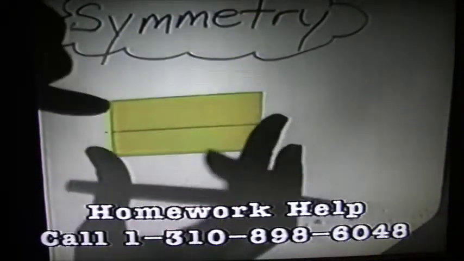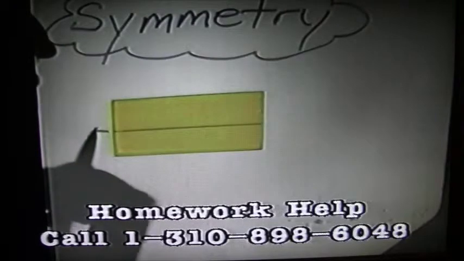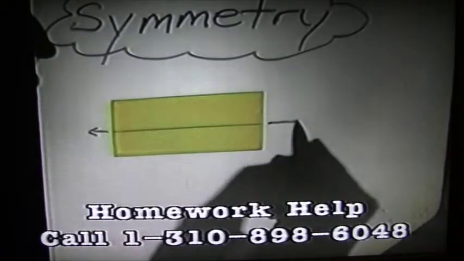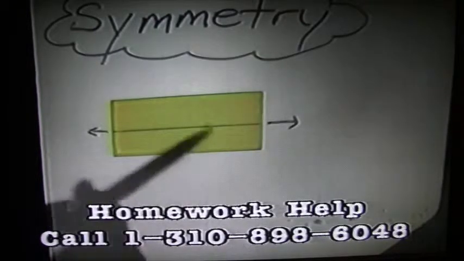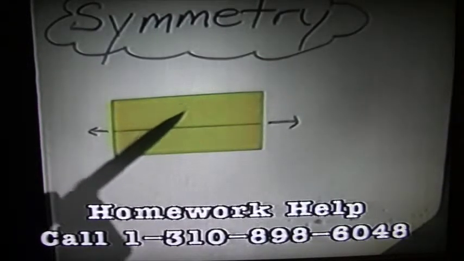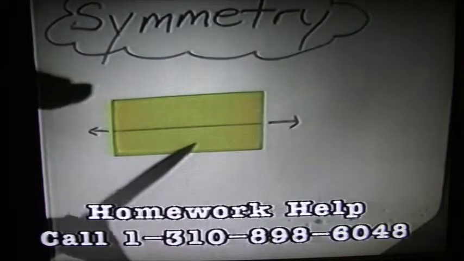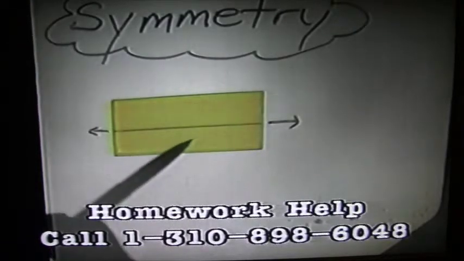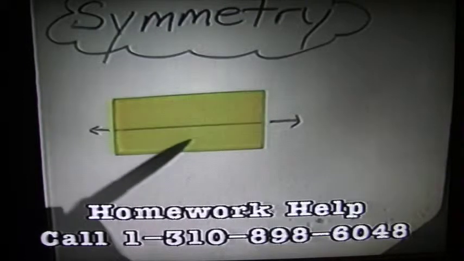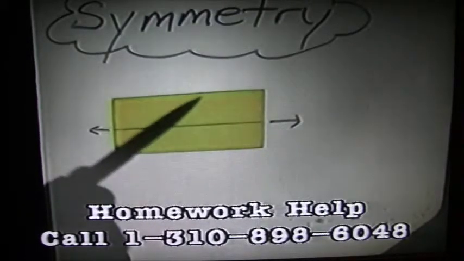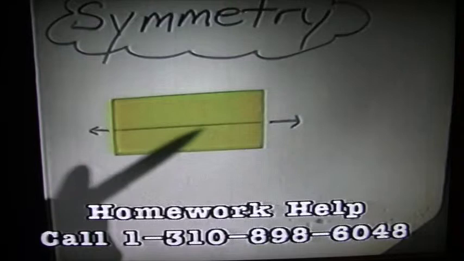I drew a line in the center of the rectangle. Okay? So, if you would fold this side up, this side would look exactly like this side. This side would look like this side, and this side would look like that side.